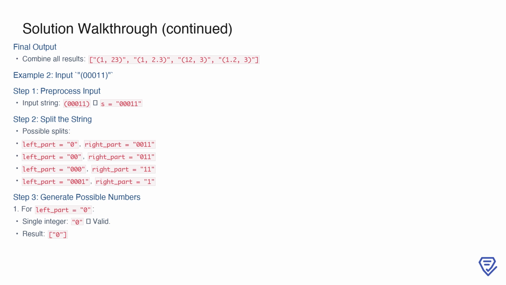Now, let's move on to another example, where the input string is (00011). We start by pre-processing the input, removing the parentheses to get 00011. Next, we explore all possible splits of this string, such as 0 and 0011, 00 and 011, 000 and 11, or 0001 and 1. For the left part 0, it's valid as a single integer, so the result is 0.